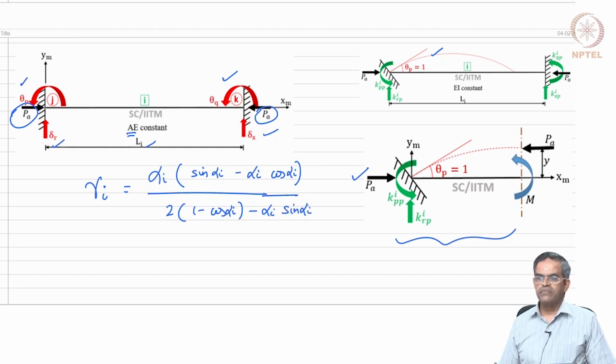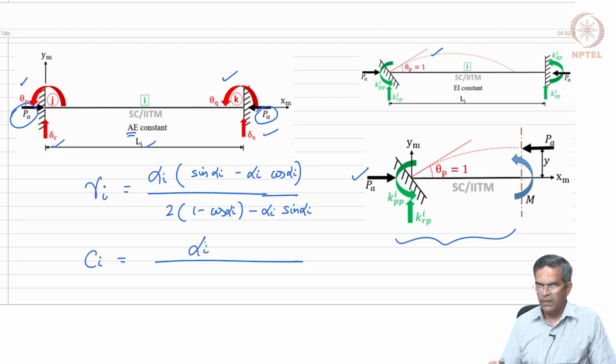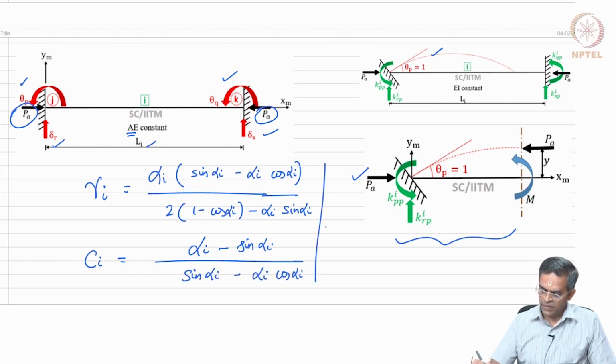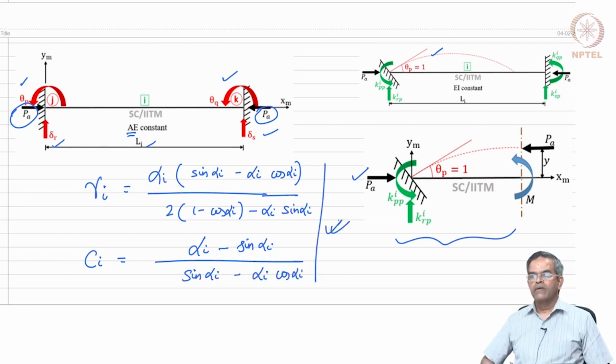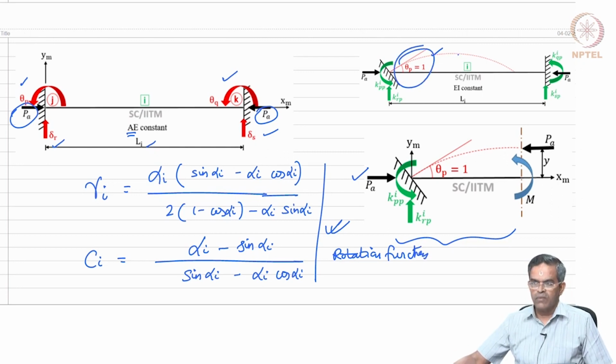This was the Ri, and Ci we derived as alpha i minus sin alpha i by sin alpha i minus alpha i cos alpha i. They are called rotation functions. Why rotation functions? We derived these by giving unit rotation.